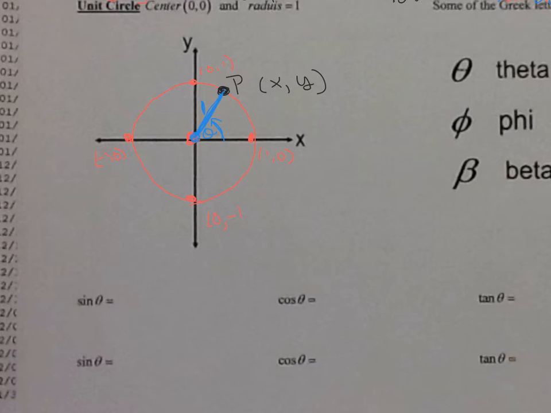And now I drop the altitude down, and I make this right triangle here. I have this angle here that's in standard position, and that's angle theta. That's terminating in quadrant 1 with P being a point on the unit circle.